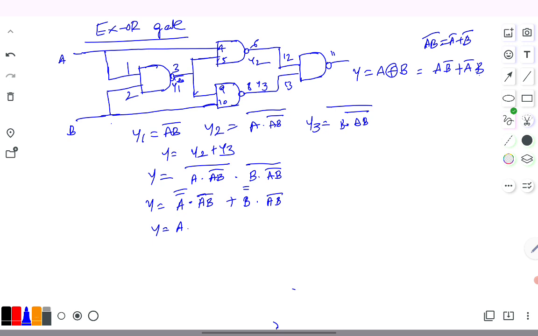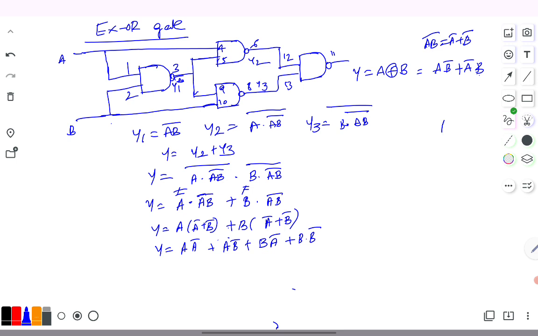Next here A dot A bar plus B bar, plus B dot A bar plus B bar. Y is equal to A into A bar plus A B bar, plus B A bar plus B into B bar.